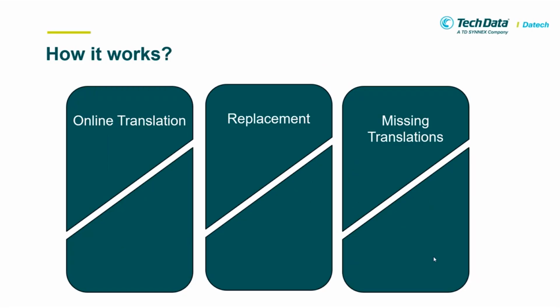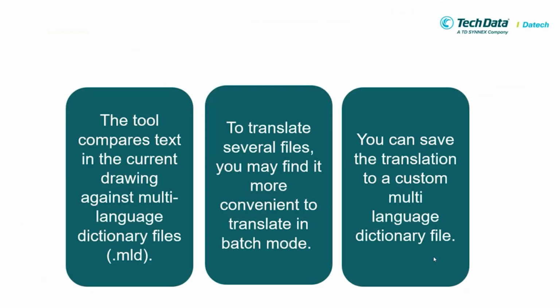When we activate an online translation, AutoCAD Mechanical Toolset compares the text in the current drawing phrase by phrase against multi-language directories, or .mld files. When AutoCAD Mechanical Toolset finds a match, it replaces the text in the drawing with the corresponding translated text. If the text is not found, what happens?